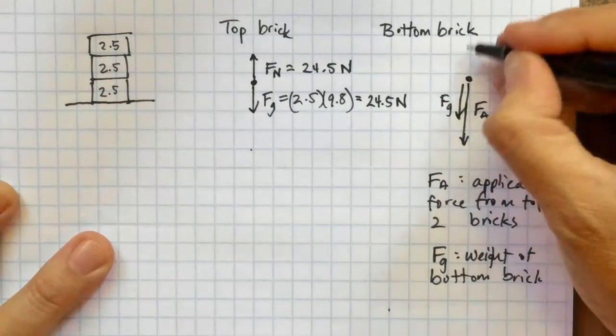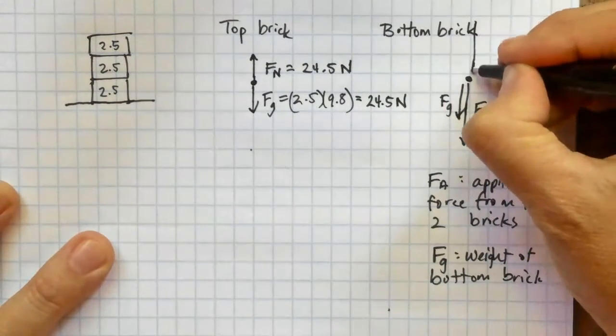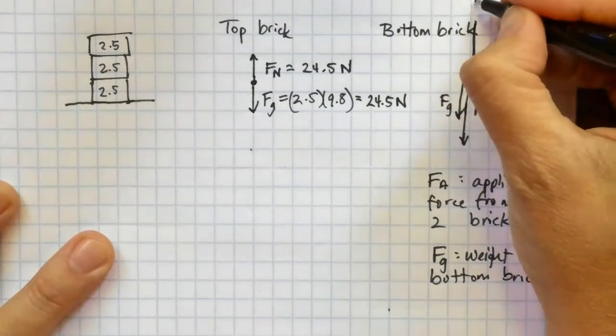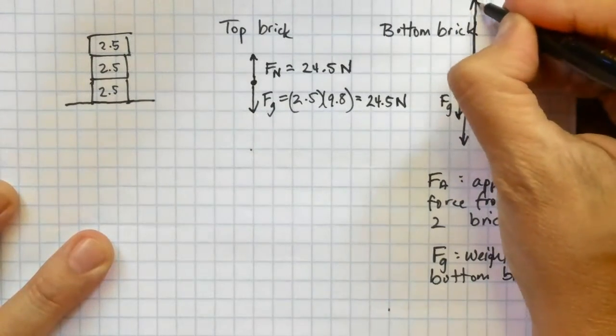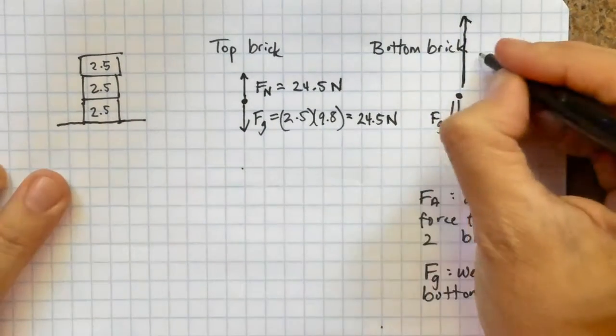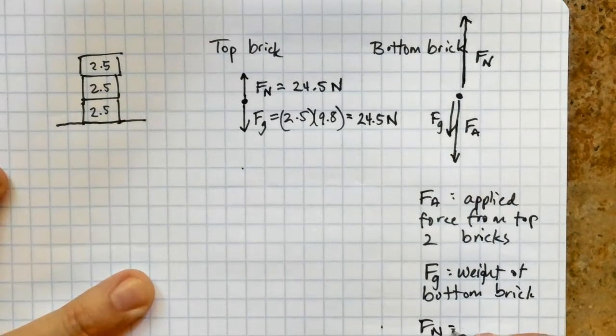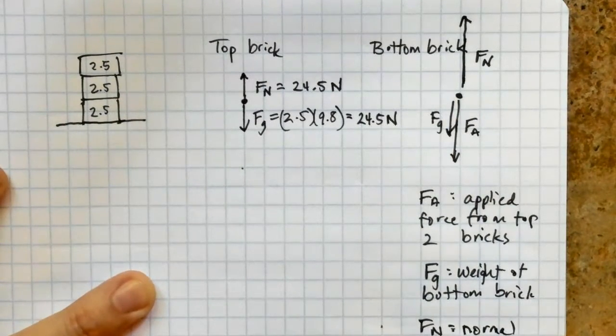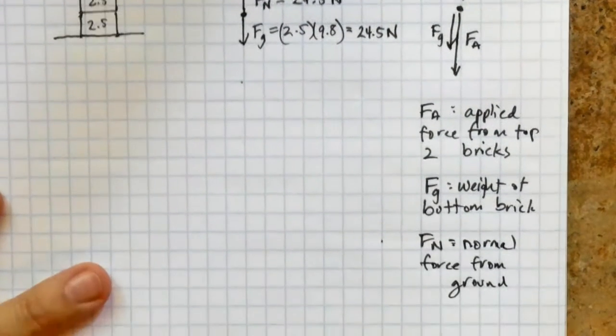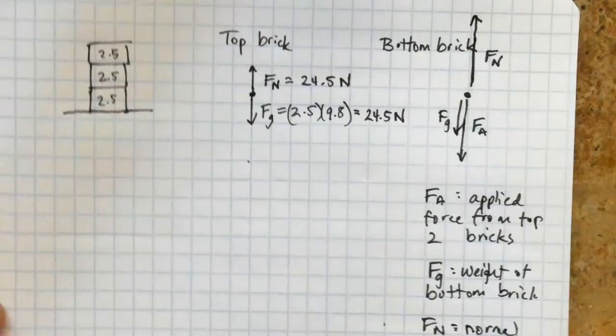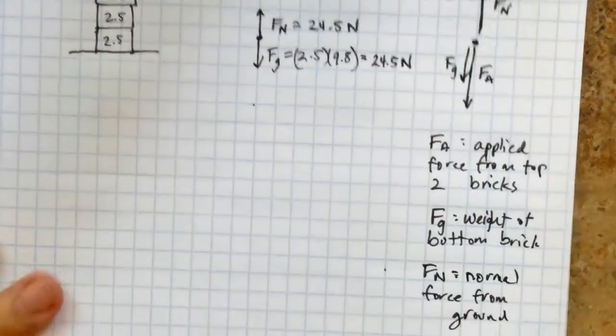So if I try to make that kind of proportional, it would be something like that. The normal force from the ground.